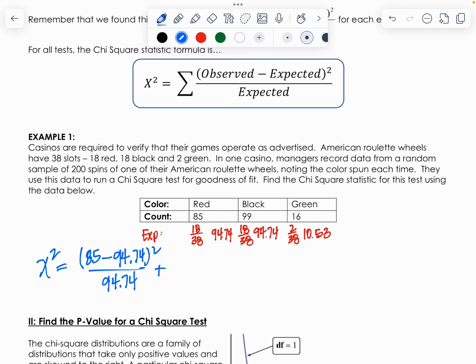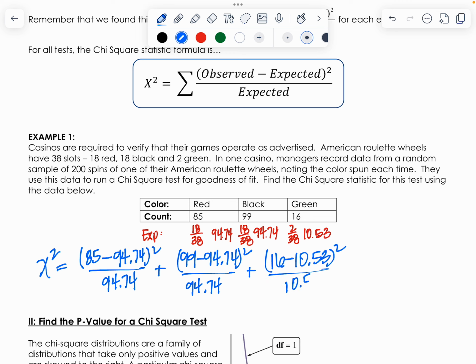And I'm going to add that to the next one, 99 observed black minus the 94.74 expected squared over 94.74. And then my last category, green, I observed 16. I expected 10.53 over 10.53. All right. So that is the pattern that we use.